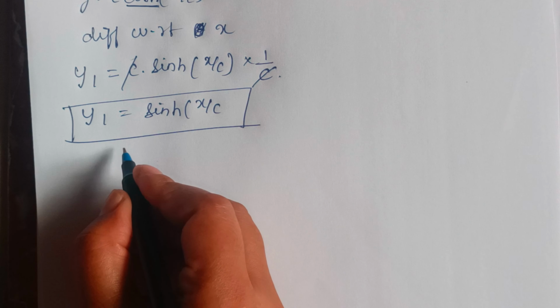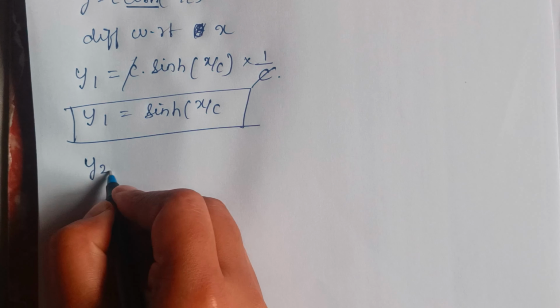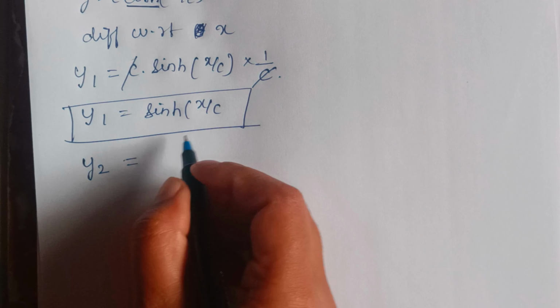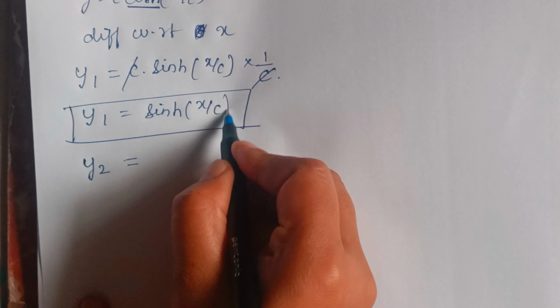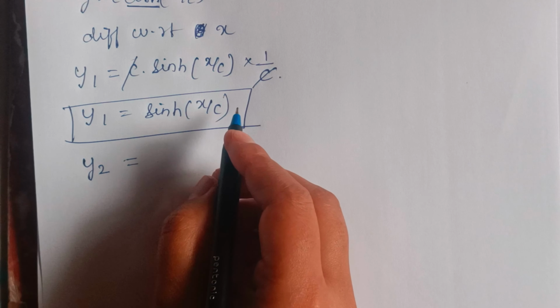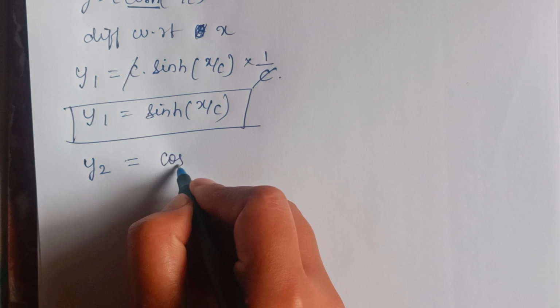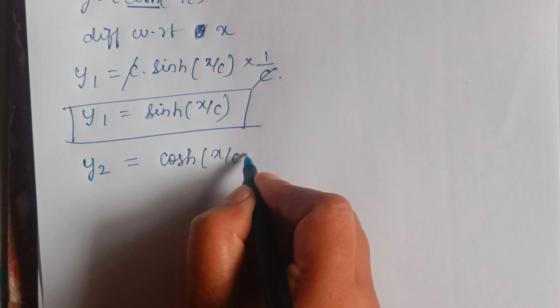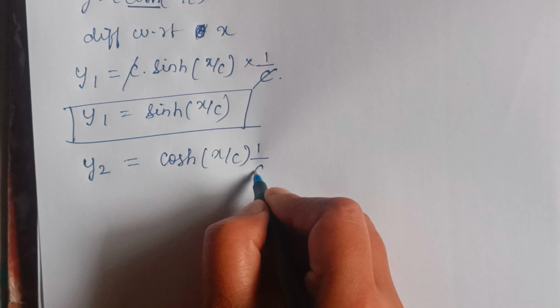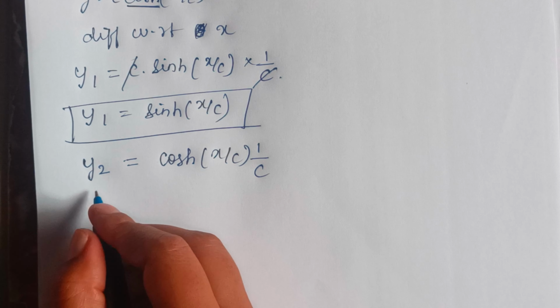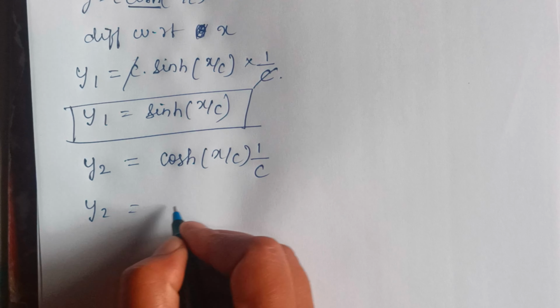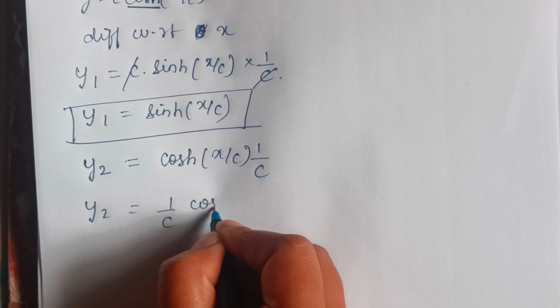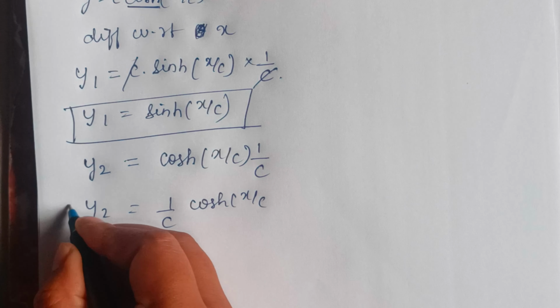Now we will differentiate this again with respect to x. So the answer will be sine hyperbolic x by c. For this, differentiation is cos hyperbolic x by c, and the differentiation of x by c is 1 by c. So the answer I can write as 1 by c cos hyperbolic x by c.